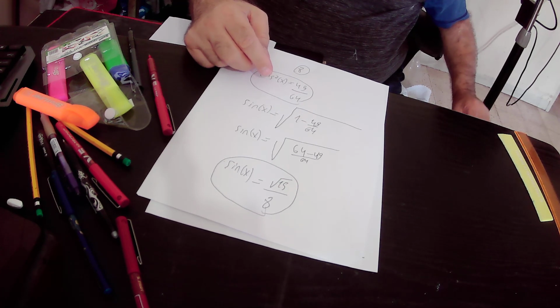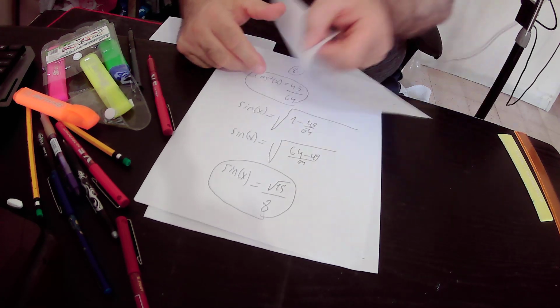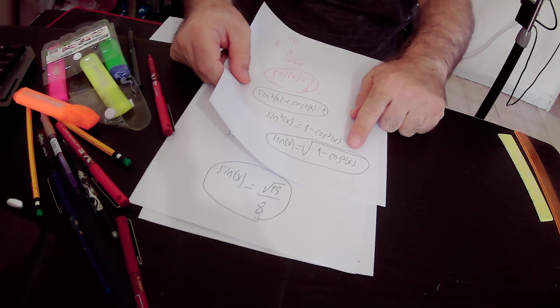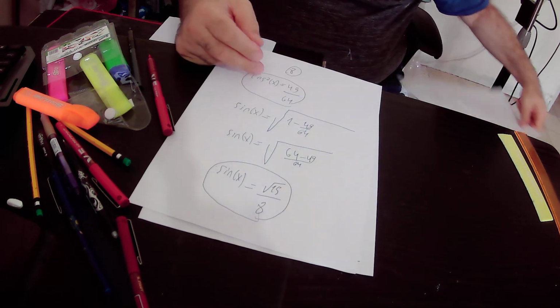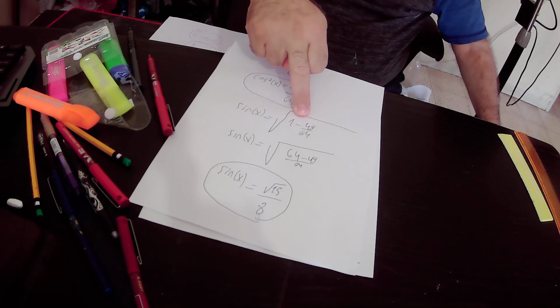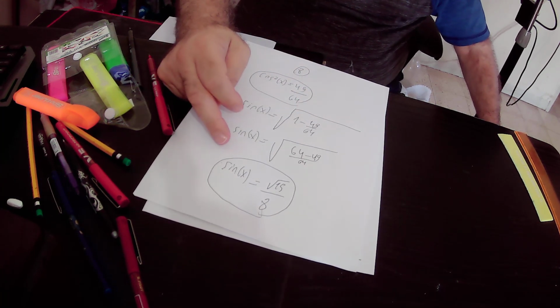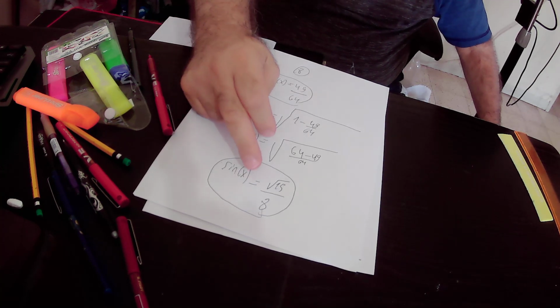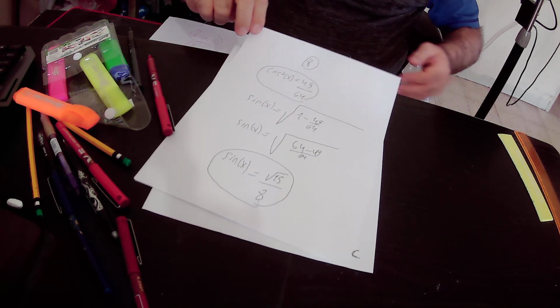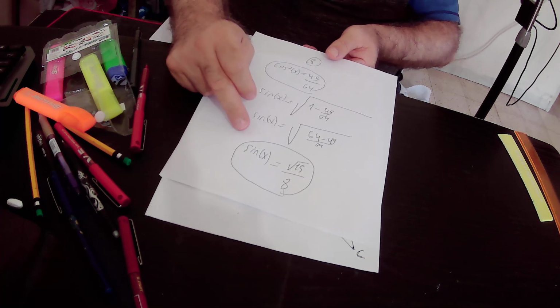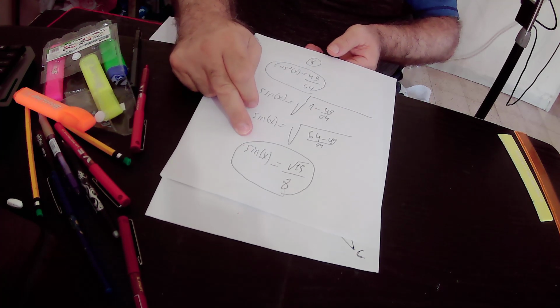Then we substituted, and we got that sine x equals root 15 over 8. So we can square this equality in order to find the value of sine square x.